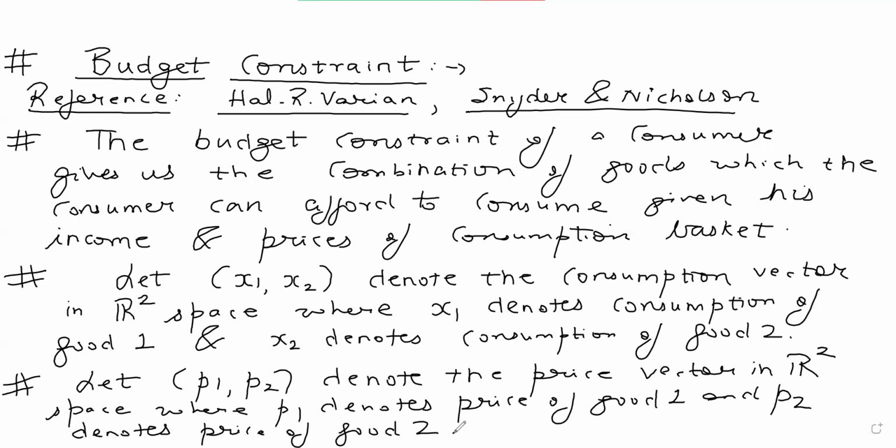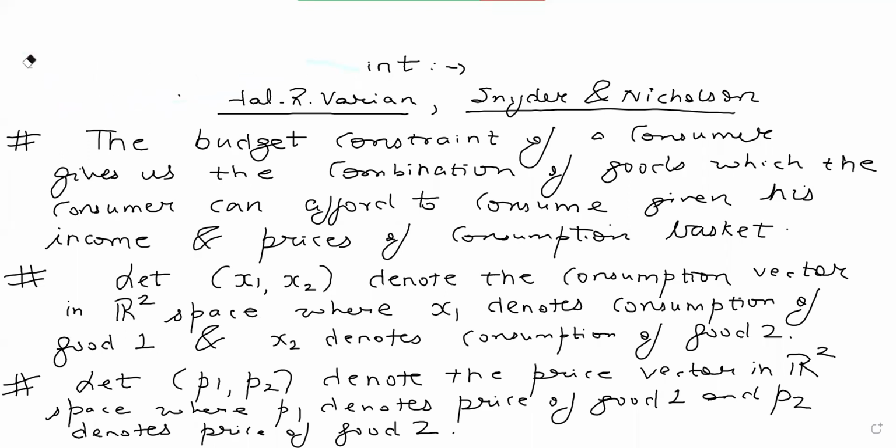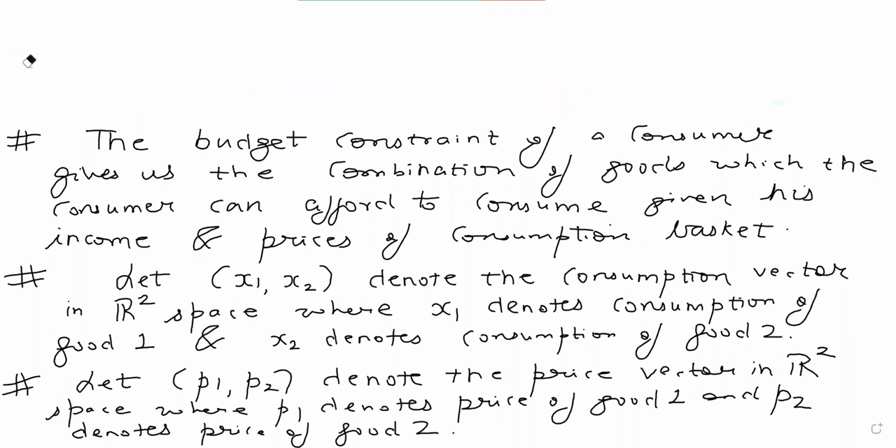Okay, so X1, X2 is the consumption vector, P1, P2 is the price vector. I'm erasing the initial portion. We are all aware about the topic we are doing. On the top, I can write, let M denote the income of the consumer.